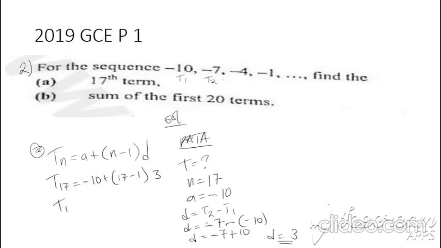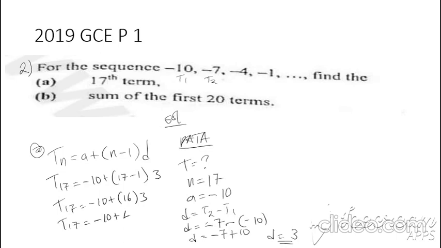So T17 is equal to -10 plus, what's 17 minus 1? That's 16. So T17 is equal to, you need to multiply 16 times 3. Here we maintain -10 plus, what's 16 times 3?